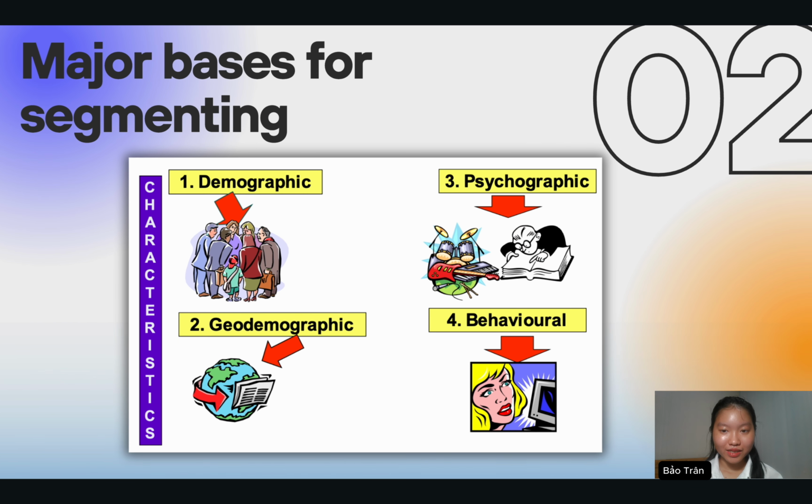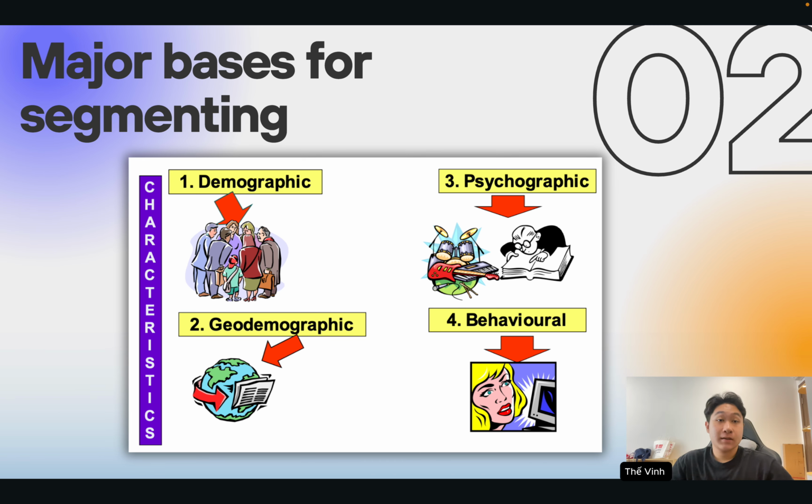For consumer markets, common segmentation bases include geographic, demographic, psychographic, and behavioral variables such as location, age, gender, income, lifestyle, and buying behavior. A customer value driven strategy ultimately aims to build the right relationships with the right customers.